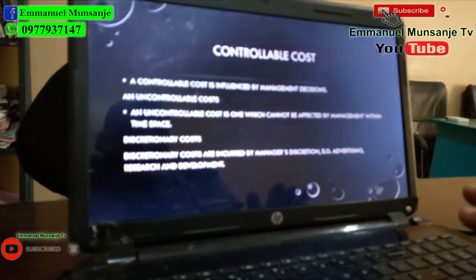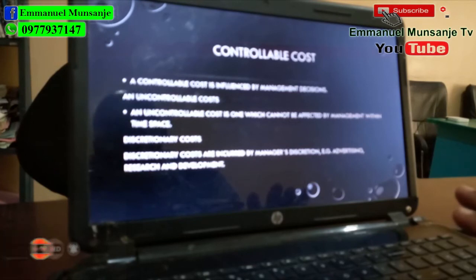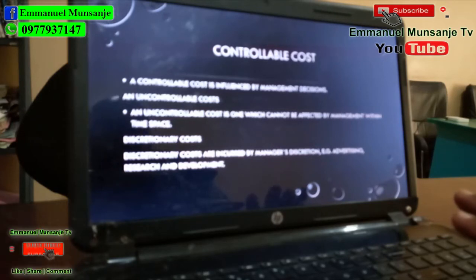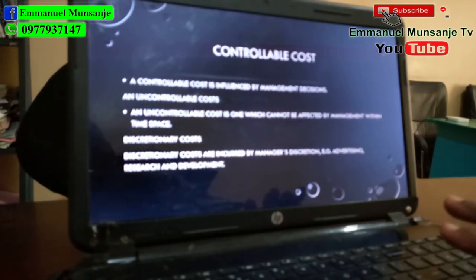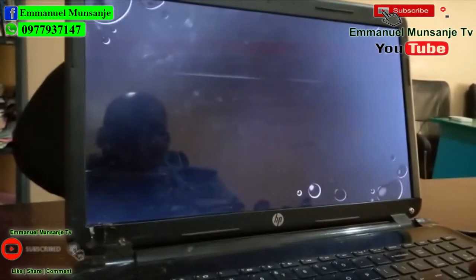So the costs that managers have the ability to control are called controllable costs. And uncontrollable costs are those whereby they can't do anything about it. They have to be incurred. Then other costs are called discretionary costs. This means you use your discretion or initiative, e.g. advertising. If you want, you can't advertise. Research and development: if you want, you can't research and develop.